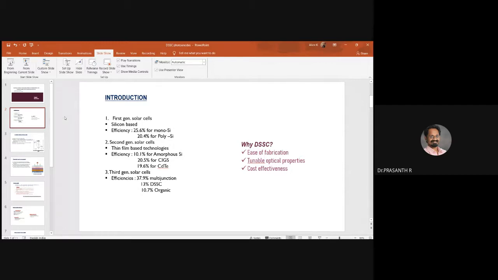The ease of manufacturing and ability to seamlessly integrate it with existing devices are the factors which attract industrial interest. Then, tunable optical properties for varied aesthetic sense and cost effectiveness have led to more research activities in this field.